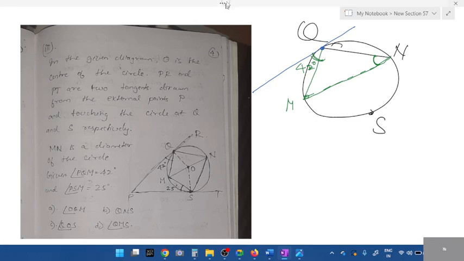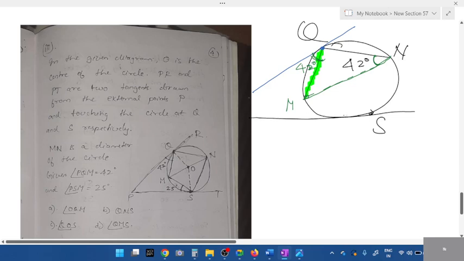What did you say? N. I heard it as M. See what I told you, students. Tangent and chord. Just ignore this line. The other angle is obviously N. N is 42 degrees. This is 42. What about the other tangent? Where is the other tangent touching, students? If I draw a chord like this, what's the value? 25 degrees. So which is 25? 25.